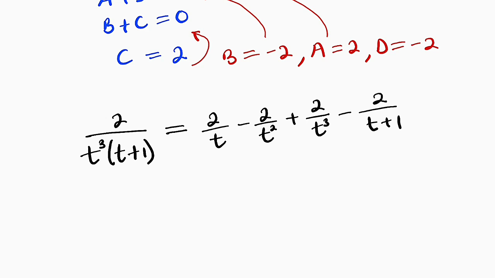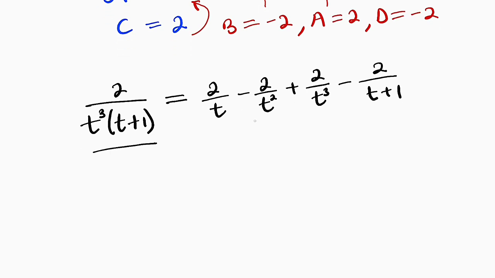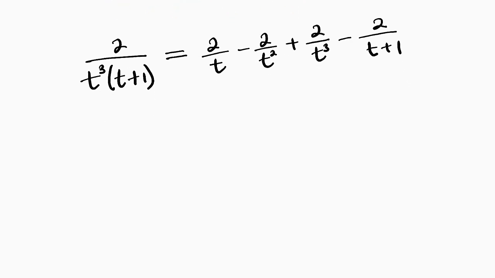All right. But remember, we are integrating this, right? Instead of integrating this, we are now going to integrate the whole of this. I'm going to integrate them term by term. Let me show you.